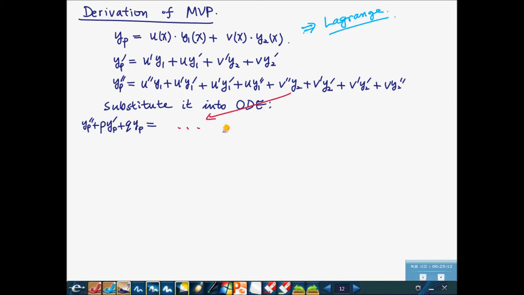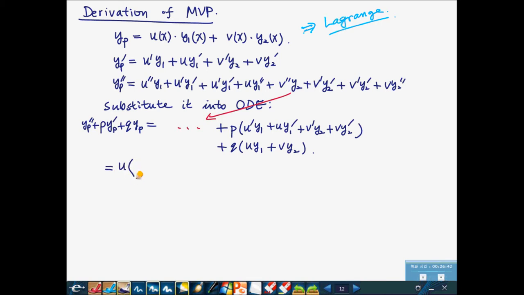Plus P times YP prime, which is U prime Y1 plus U Y1 prime plus V prime Y2 plus V Y2 prime. And plus Q times U Y1 plus V Y2. Okay, so I'm gonna collect the U terms.